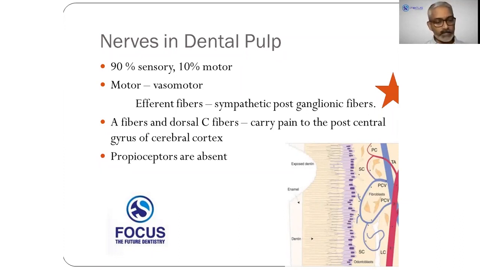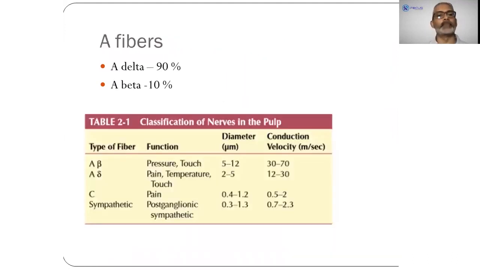So remember these, the vasomotor fibers are efferent fibers from the sympathetic postganglionic fibers, and the sensory fibers, A fibers and the C fibers, they carry pain to the post-central gyrus of cerebral cortex. So these are certain terminologies which you have to remember when you go for your exams. And generally, proprioceptors are absent in the pulp. Proprioceptors are abundantly seen in the periodontal ligament, whereas it is absent in the dental pulp.